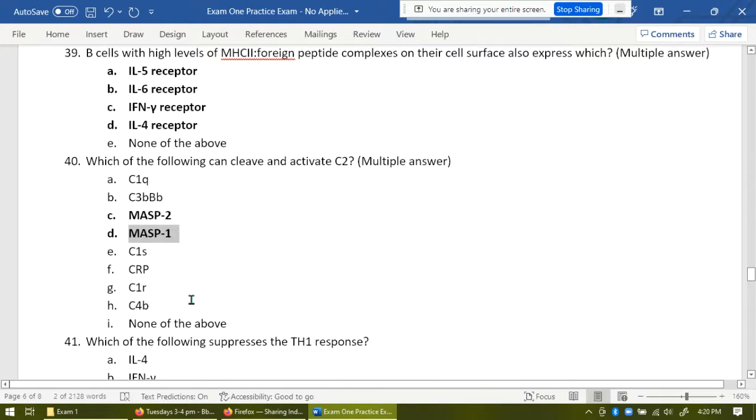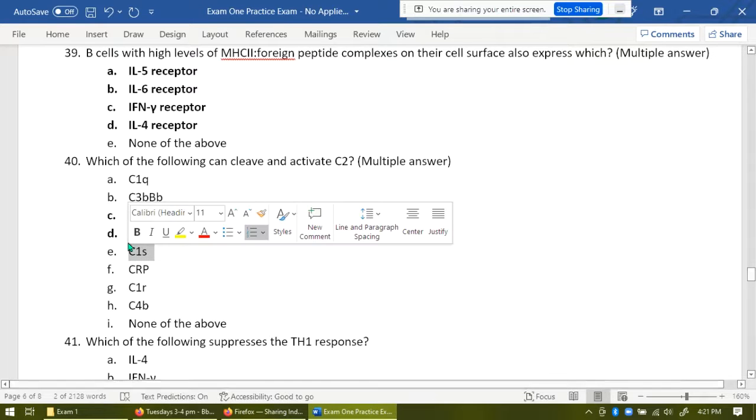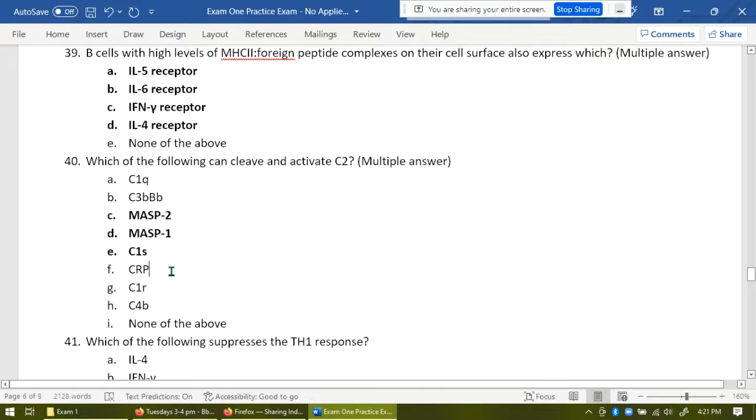So it can cleave C3, it can cleave C2, and it also cleaves and activates MASP2 during the lectin pathway. So MASP1 is a promiscuous protease, and its ligands include MASP2, C3, and C2. So apologies for not mentioning that. Then we have C1s, and that is one of the enzymes that can cleave and activate C2 indeed.